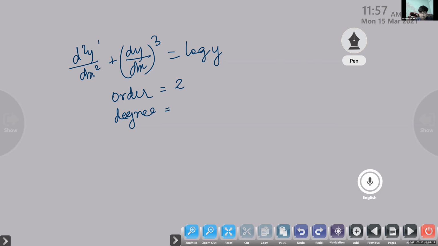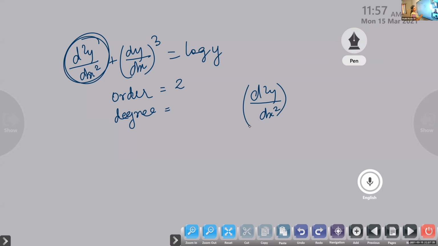Look here, this is the highest order derivative, isn't it? d square y by dx square, so order is 2. And the power is what you write outside the bracket on the top; that we call the power. Nothing is written, so it is 1. So the degree is 1.